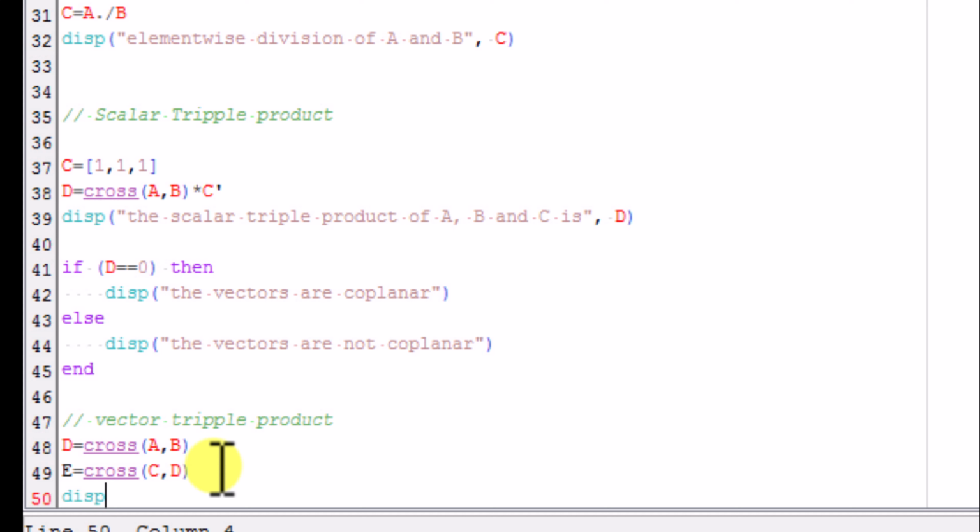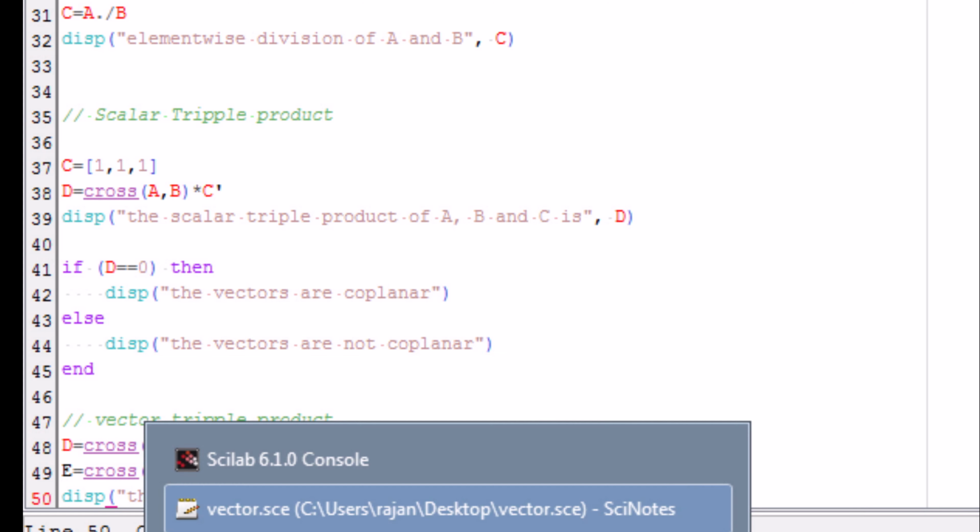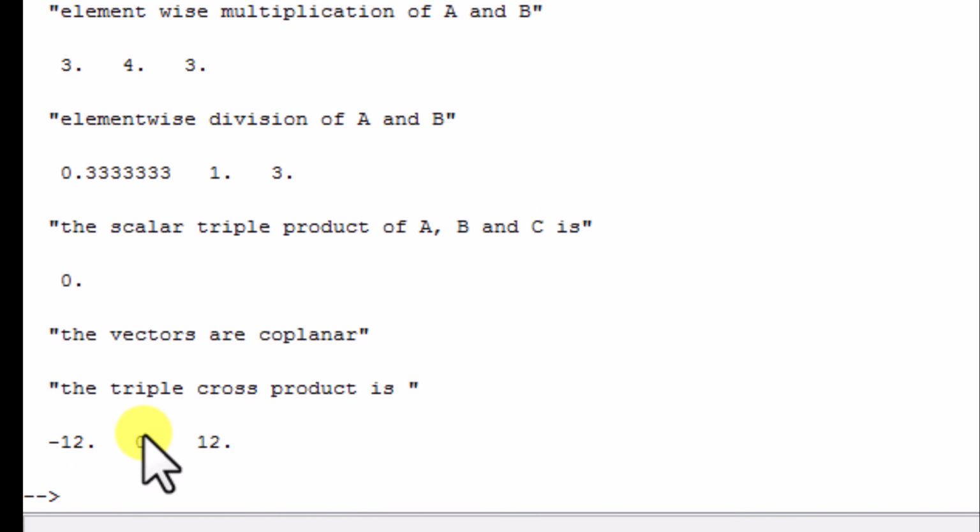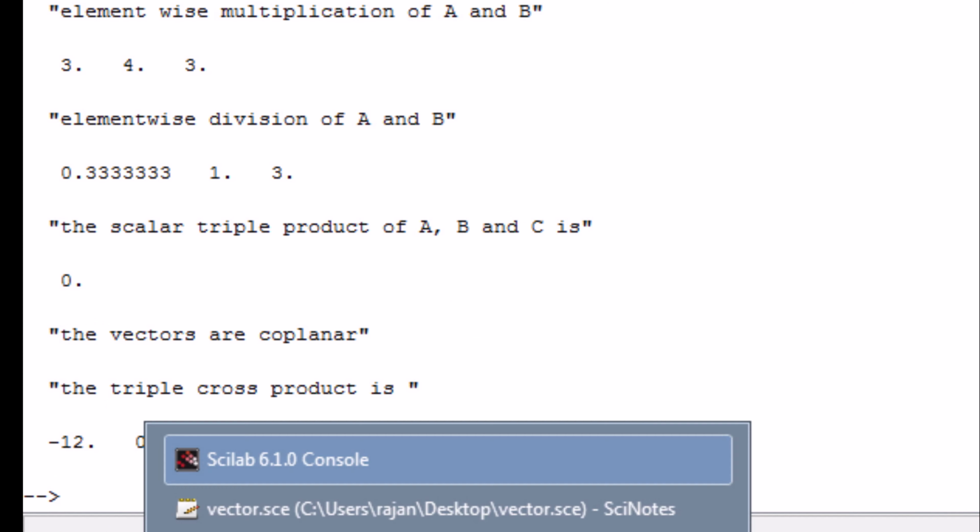Now we will display the triple product, which is stored in E. Double quotes, the triple cross product is, comma E. Now let us see what the triple cross product is. It is -12, 0, 12.